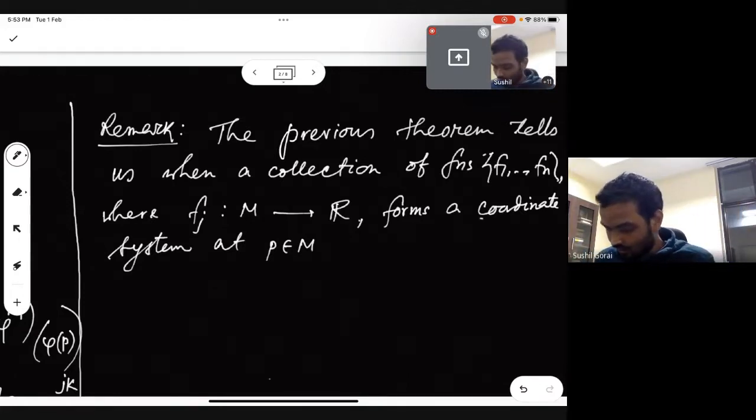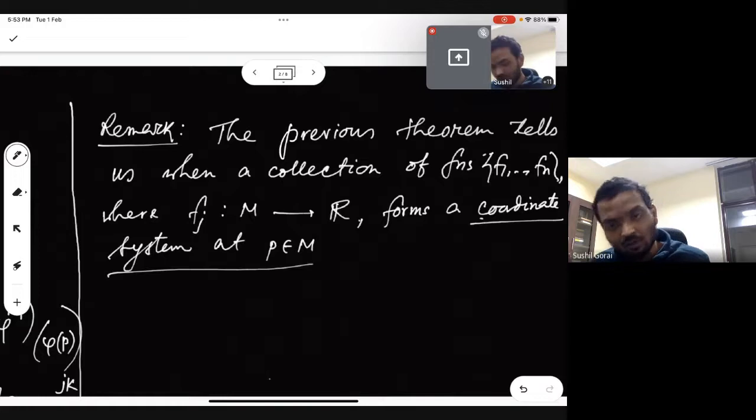Coordinate system here means locally around p: you have a neighborhood, and f1, f2, ..., fn are the coordinates. Clear?